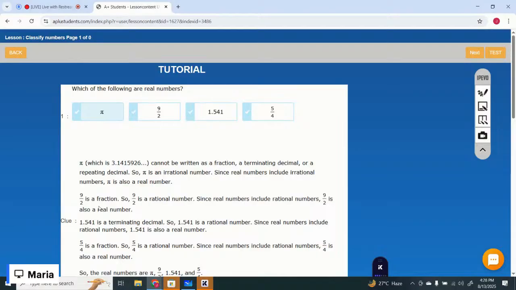So 9 by 2 is also a real number. 1.541 is also a real number and 5 by 4 is also a real number. So they all are real numbers. Let's start with the test questions.